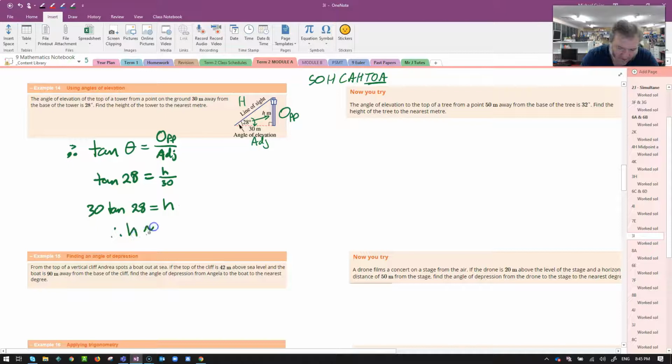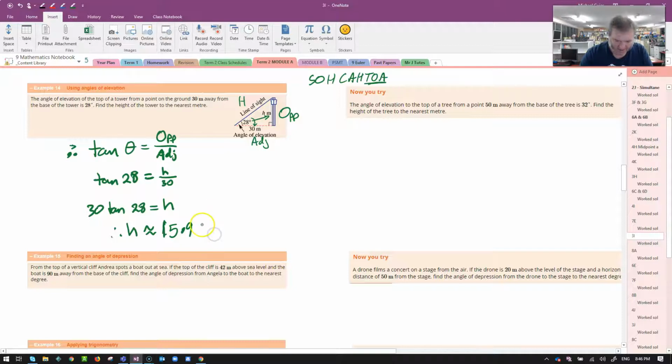Therefore, the height is approximately equal to, have I got a calculator here today? Good news. What do we have to check? That's right, you have to make sure you're in degrees mode, that it hasn't actually changed. Mine looks like it is, so that's good news. So 30 tan 28, hit the equal sign, and that's approximately equal to 15.955 metres.